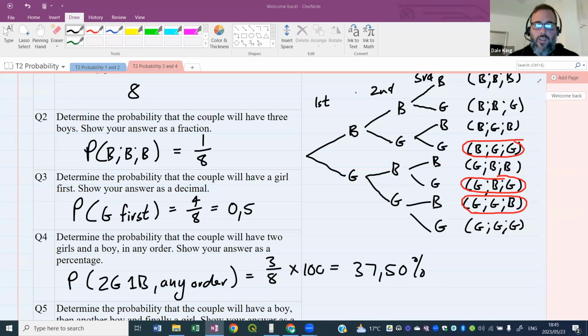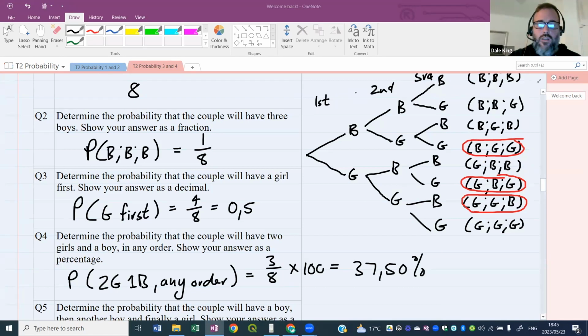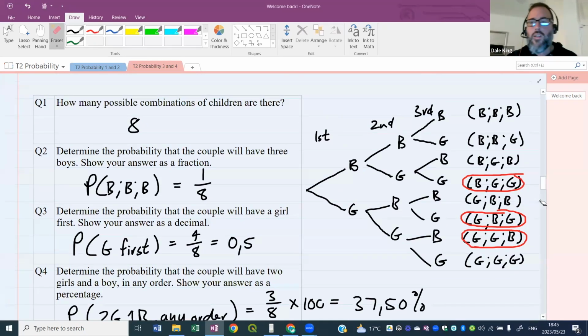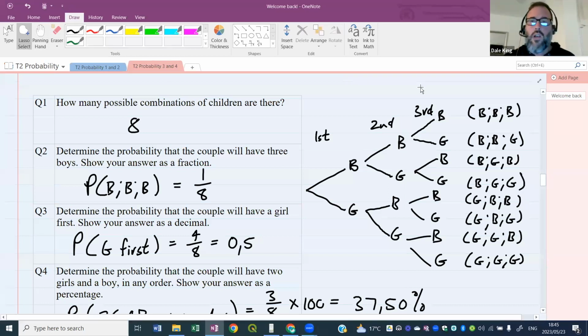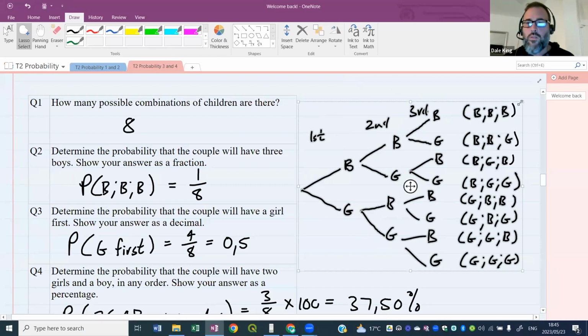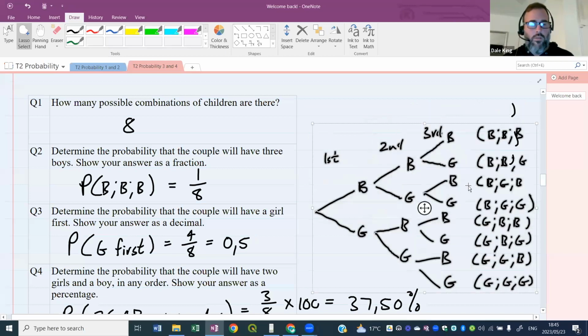All right. Brave souls for question 5. Any takers? I'm just going to delete the markings that we have on the diagram, and I'm going to bring it down so we can use it to help us with question 5. This diagram is very useful to answer these questions.